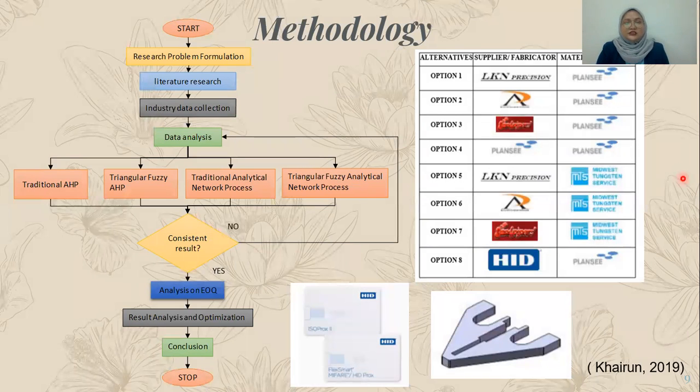For the methodology, I start with research problem formation, literature research, industry data collection from journal by Chiron 2019, data analysis, traditional AHP, triangular fuzzy AHP, traditional ANP, triangular fuzzy ANP, and then I do the consistent result analysis on EOQ, result analysis and optimization, and then conclusion.